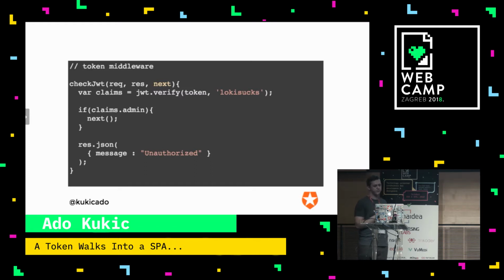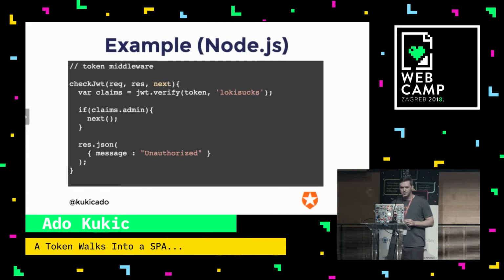But if the claims don't come back successful because we couldn't verify the token, then we're going to respond back, short circuit the request, and send back an unauthorized message or some type of error. So that's a little bit of a code example on how it works.